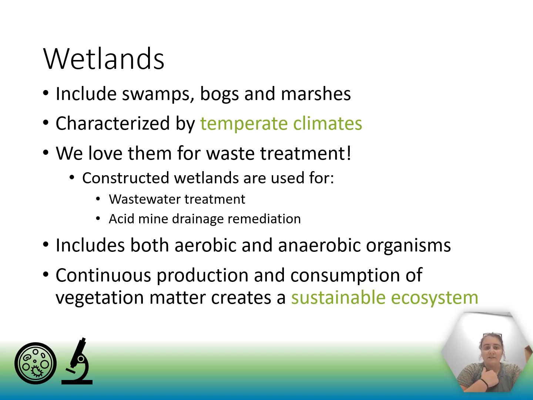And what we like about wetlands is that since that aquifer is a little bit closer to the surface, we're going to get both aerobic and anaerobic organisms, and we have a lot of vegetative matter in a wetland. So we're going to get continuous production and consumption, which leads to a more viable ecosystem.